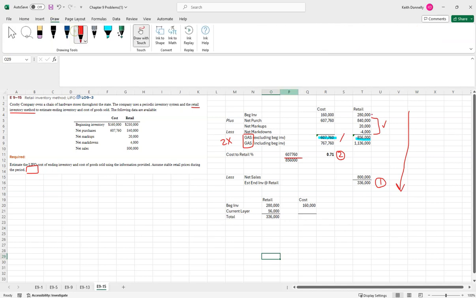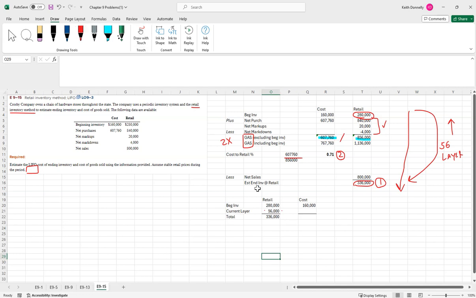In other words, what happened here is we started at 280 and ended at 336. For the period, for our layer, we went up by 56.